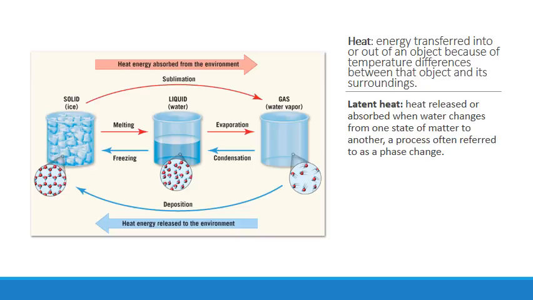As water evaporates, the energy absorbed by the escaping water vapor molecules is called latent heat. And latent means to lie hidden, to hide. So the term latent is used to describe the phenomenon because the thermal energy required to evaporate the water is stored or hidden within the escaping water vapor.